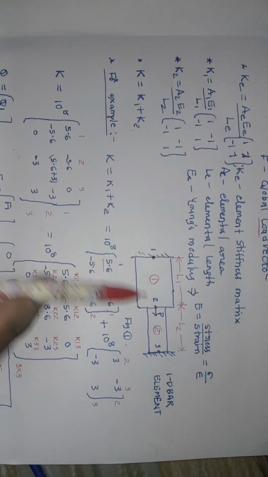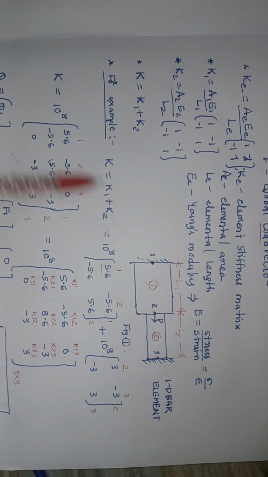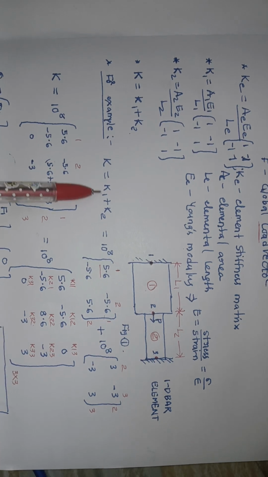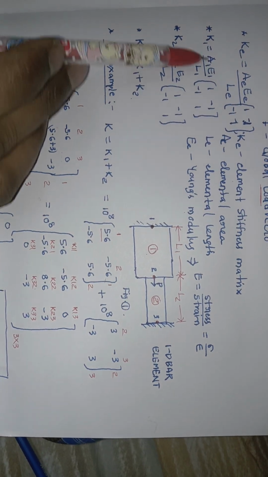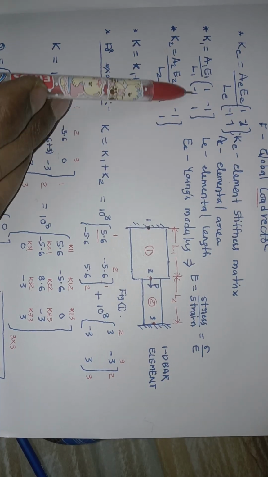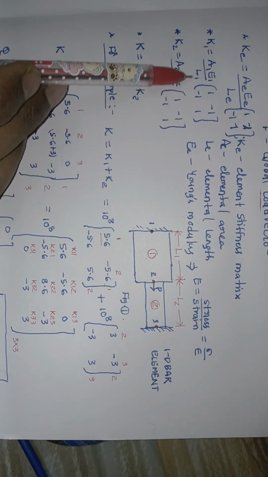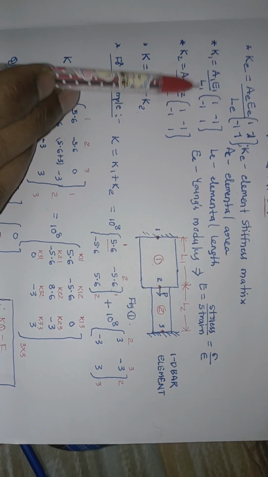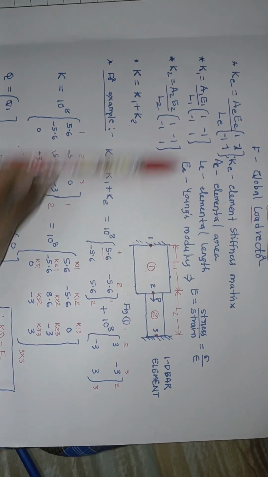Okay, so from this example, to find the capital K, that is the global stiffness matrix, you have to add all the elements, those are k1 plus k2. As you know, k1 = (A1E1/L1) [1 -1; -1 1]. Here the area, Young's modulus, and length values will be given directly, so you can solve very easily with the help of a calculator.